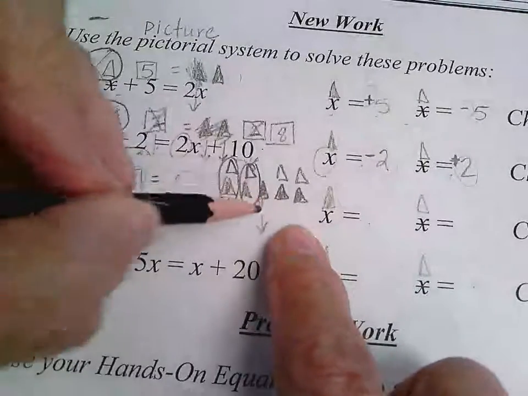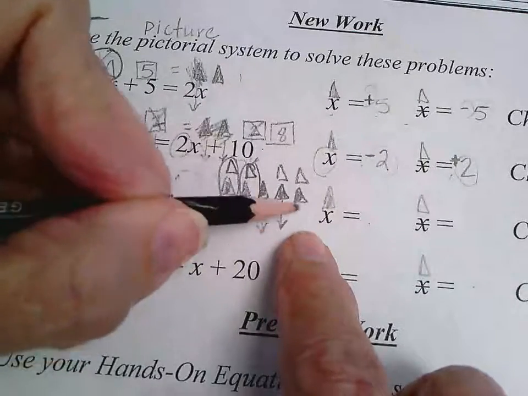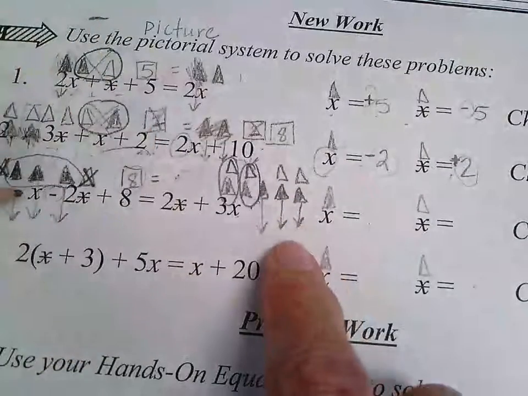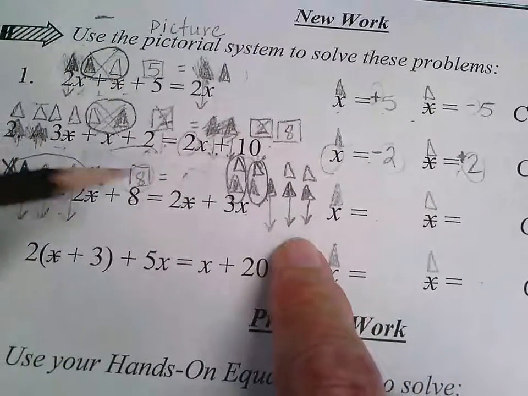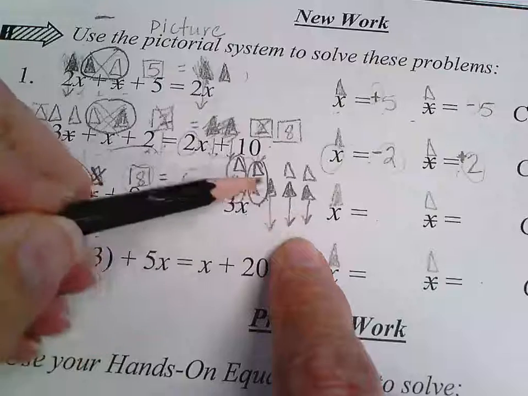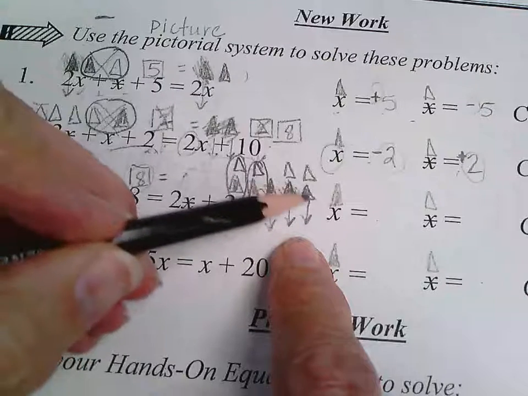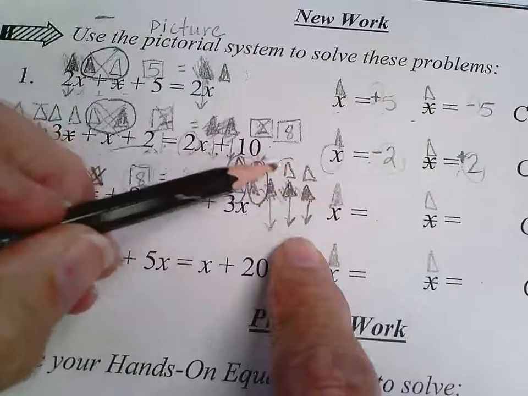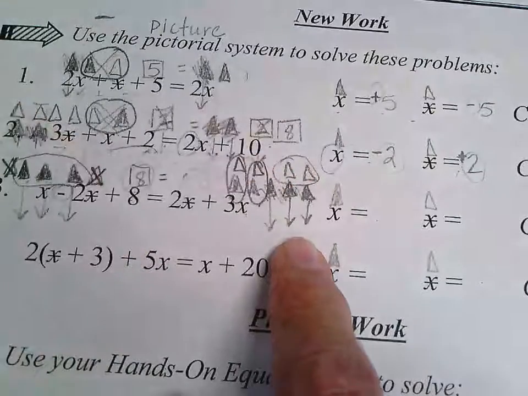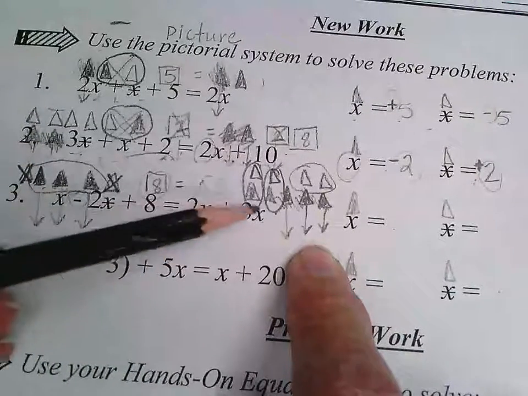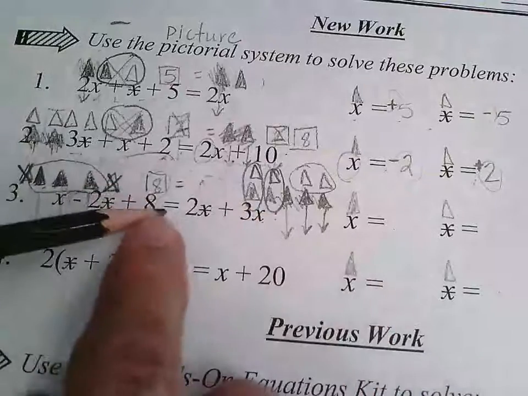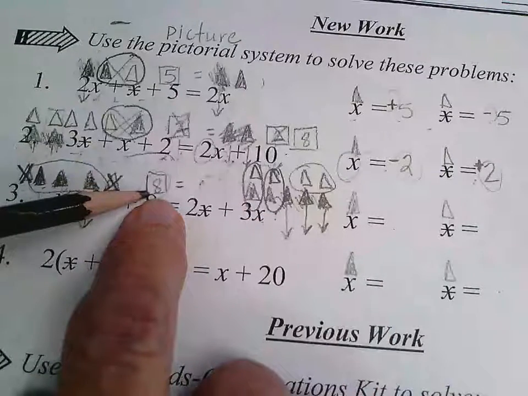Well, now I have 2 more blue pawns to pull down. Just like I pulled down these 3, now I have 3 I can pull down. So right now, those are down below, and all I'm left with is 2 white pawns.